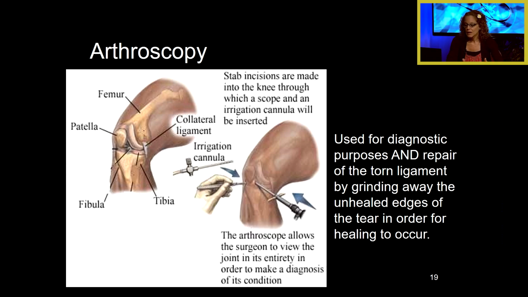They can go in and grind away that scar tissue and then be very careful about the healing time so that they have a new opportunity to heal that injury. So that's what an arthroscopy is. Oftentimes it can be used for diagnosis, to go in and actually see the level of damage that's been done, and then also they can fix the problem.